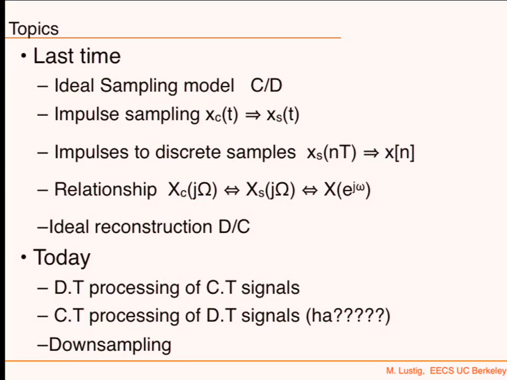We represented things much more simply when we went from x sub c, which is the continuous time signal, to x sub s of t, which is the impulsive version. Then we went from impulses all the way to discrete by evaluating this impulsive function at n times T, where those delta functions occur.